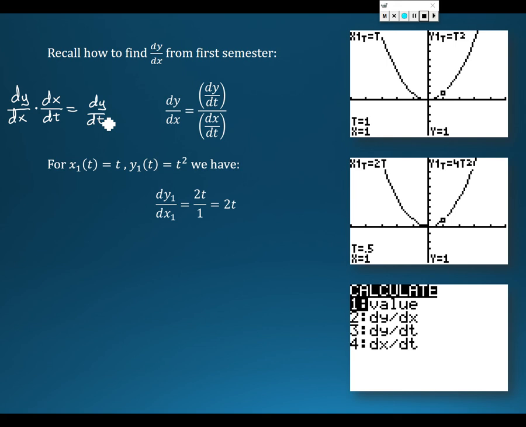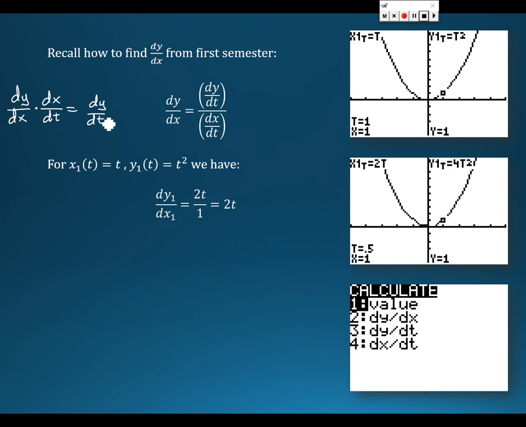So returning to our example here, if we want dy/dx, and I've got this extra subscript 1 because remember we had 2 examples, t squared and also 2t, 4t squared. In the first set, we get 2t as the derivative dy/dx.